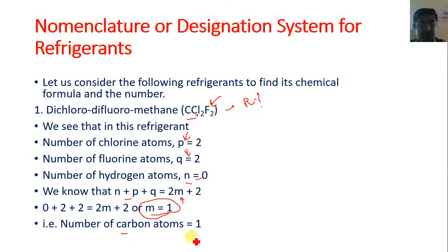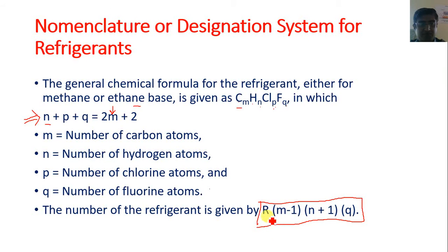So now how can we write this? Here we have the formula R m minus 1, n plus 1, Q. In our case, first of all we place R as it is, and then m minus 1.